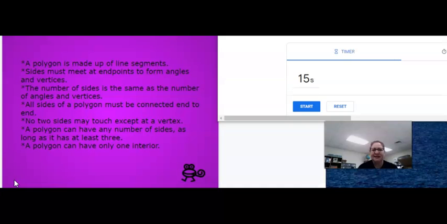Sides must meet at endpoints to form angles and vertices. The number of sides is the same as the number of angles and vertices. All sides of a polygon must be connected end to end. No 2 sides may touch except at a vertex. A polygon can have any number of sides as long as it has at least 3. A polygon can only have 1 interior, 1 inside.